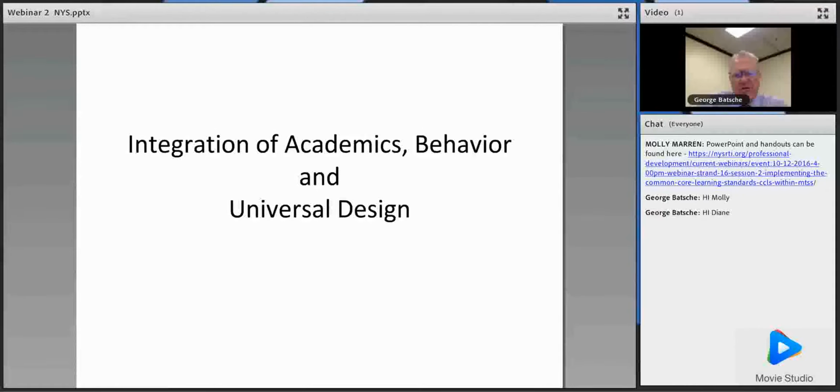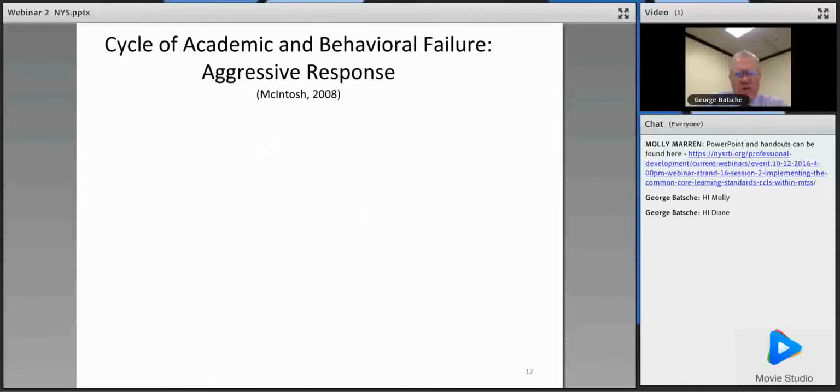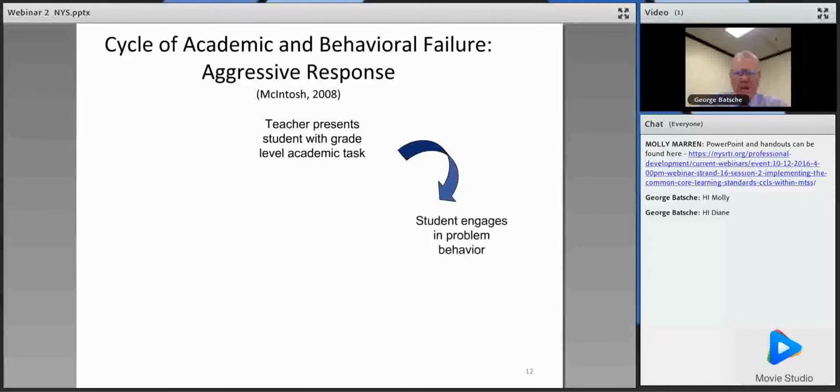So integrating academics, behavior, and universal design is part of MTSS. If we take this model where a teacher presents a student with a grade level task and the student engages in a problem behavior, we know that the vast majority of elementary and middle school children will engage in problem behavior to avoid doing a task, particularly if they can escape the task, they get sent to the office or something like that.